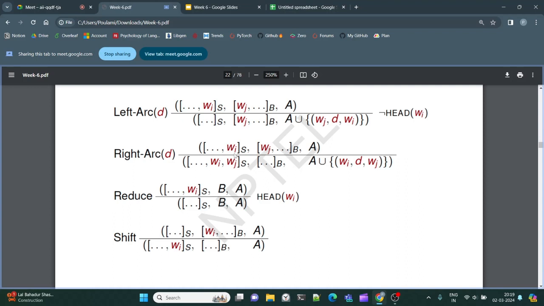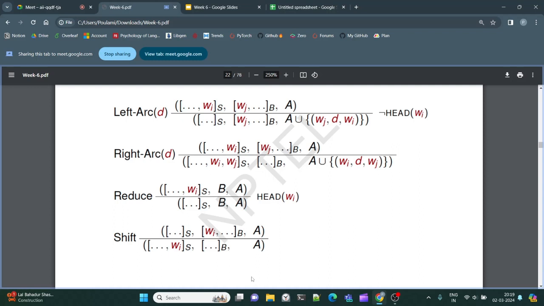We're only handling words on the top. Either we do a left arc, or a right arc, or we drop the word from the stack and reduce, or we add a word in the stack from the buffer and shift. So that is how we go.